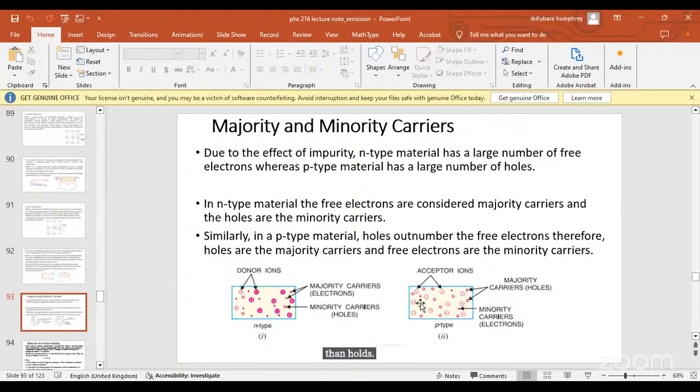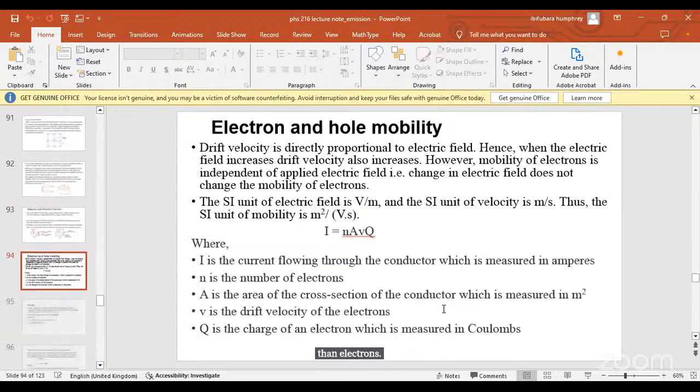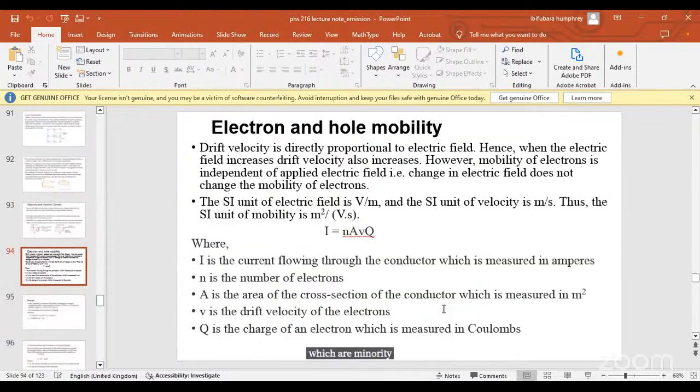Then to the right side, which is P-type, we have more holes, which are majority carriers, than electrons, which are minority carriers. So, electron and hole mobility.